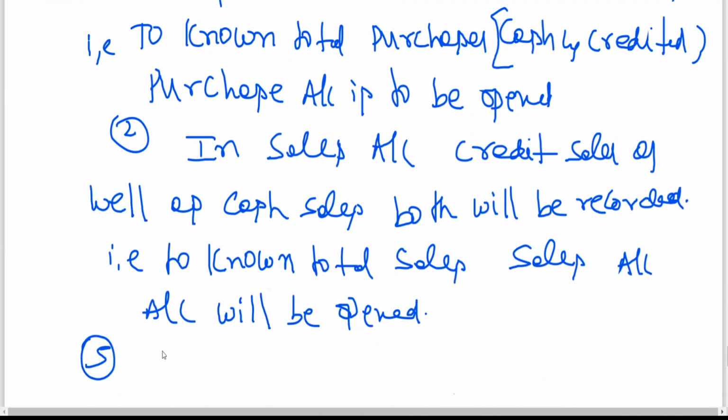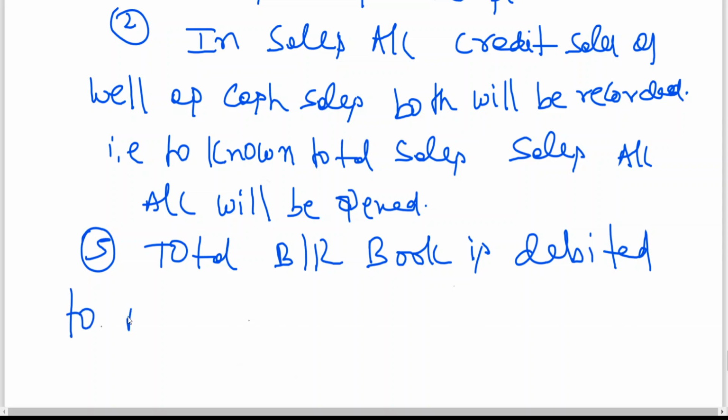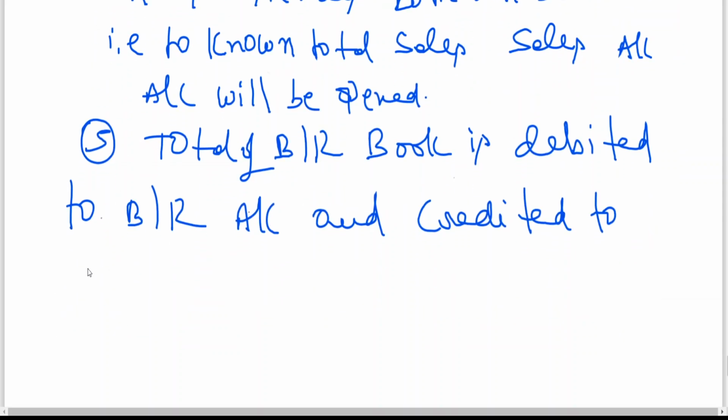Fifth point, total of bills receivable book is debited to bills receivable account, and just you remember when you go for bills of exchange, you understand it. There I repeat once again, total of bills receivable book is debited to bills receivable account and credited to sundry debtors account.